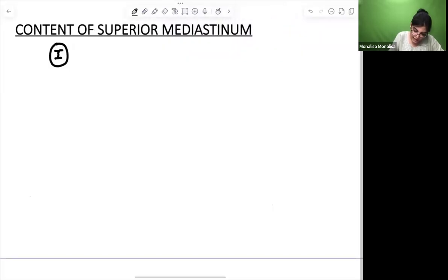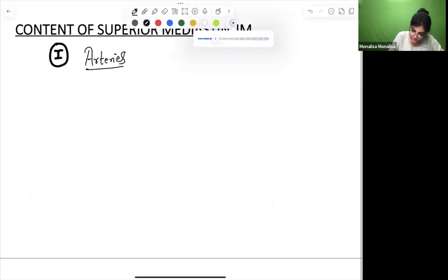Superior mediastinum contents: arteries, the arch of aorta and its branches.